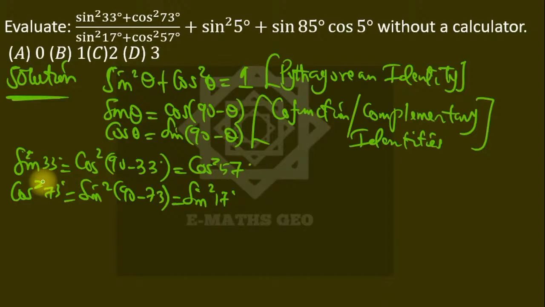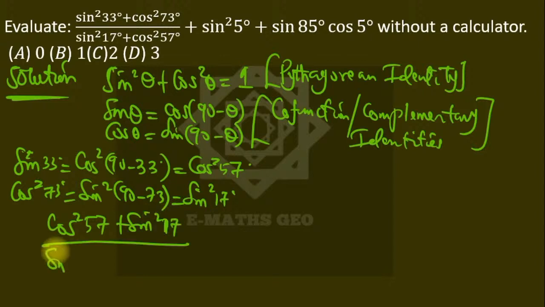Therefore, sine squared 33 plus cos squared 73 over, we'll repeat the denominator. So have you seen it's the same? So this is 1. So coming here, we'll repeat this sine squared 5 plus sine 85.